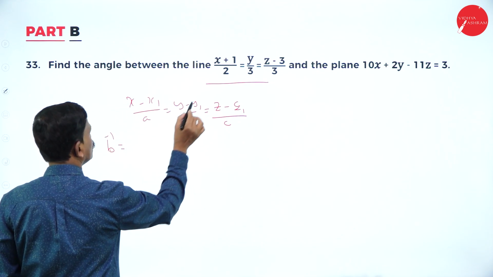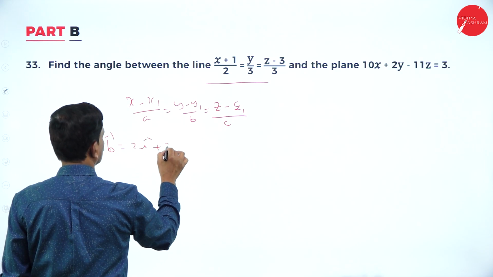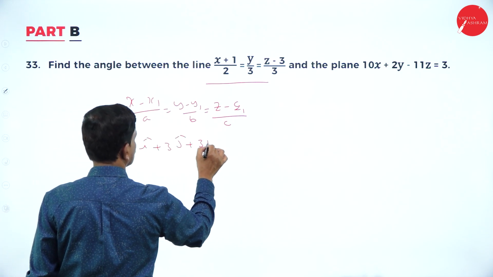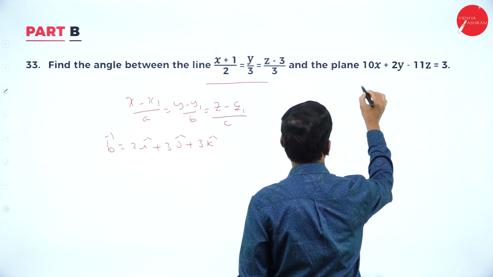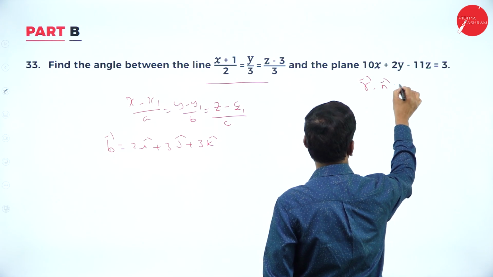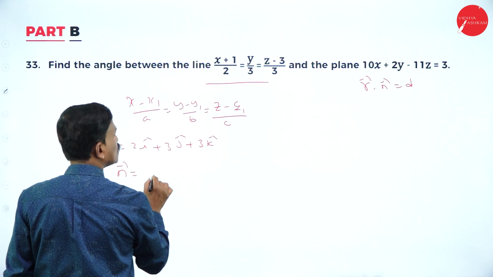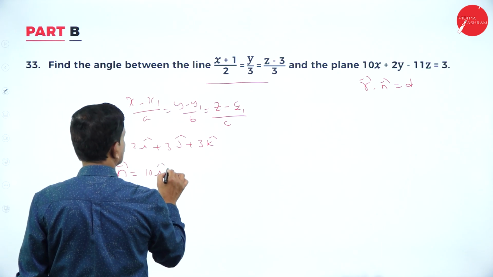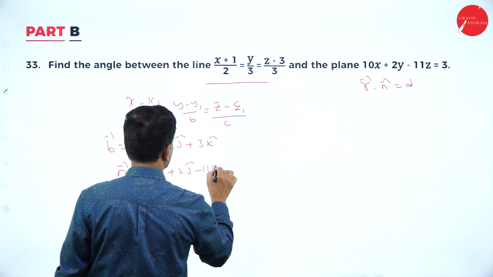Vector b is equal to ai plus bj plus ck, that is nothing but 2i plus 3j plus 3k. And the given plane is of the form vector r dot n is equal to d. What is vector n here? Vector n is equal to 10i plus 2j minus 11k.